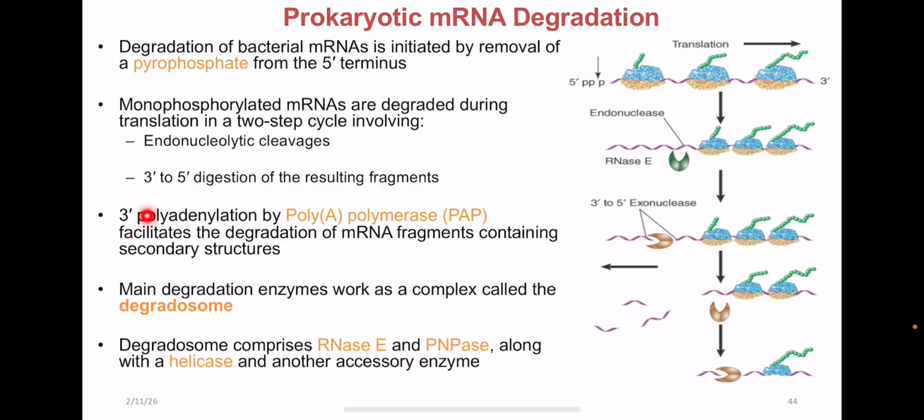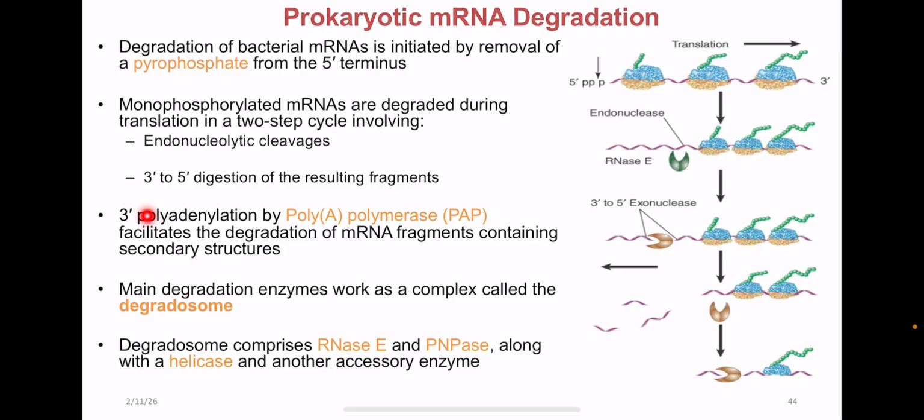In prokaryotes, one thing I must say first: in eukaryotes, addition of poly A to the mRNA strand is like a signal to end transcription. But in prokaryotes, addition of poly A is a signal to start degradation. So one signal that facilitates prokaryotic mRNA degradation is the addition of a poly A tail at the 3' end.